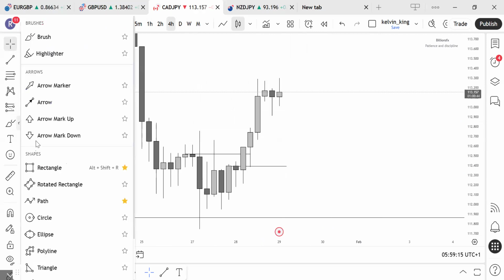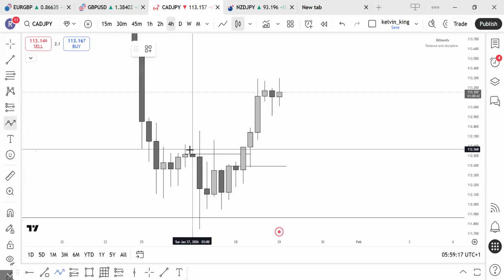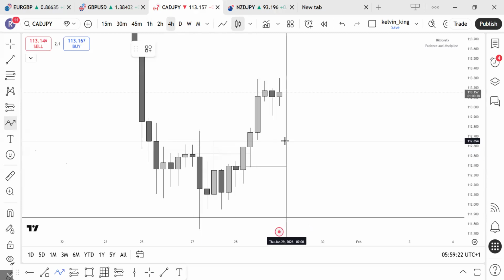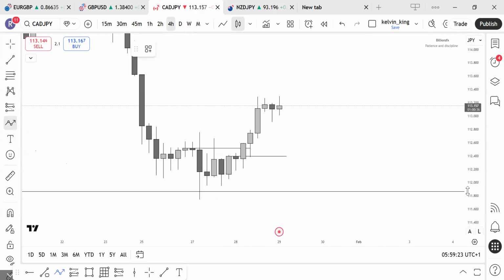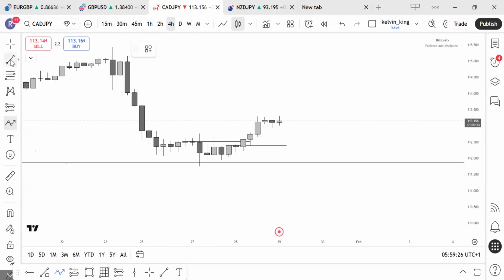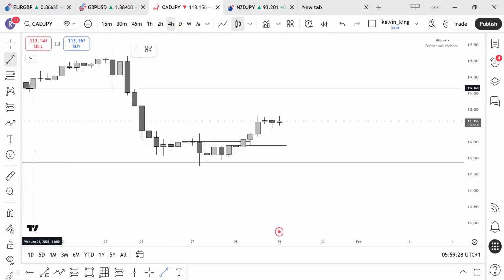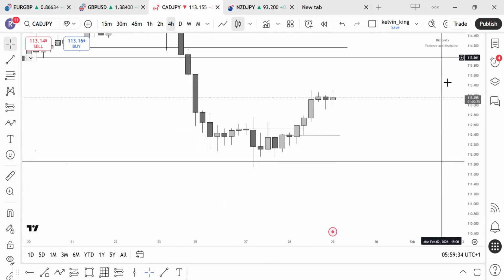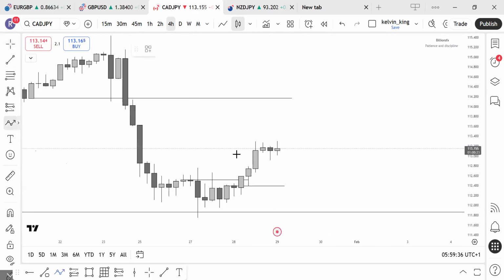Now see something. What happened right here has shown me that price is now bullish. So let's say this place is what I identify as my take profit zone.